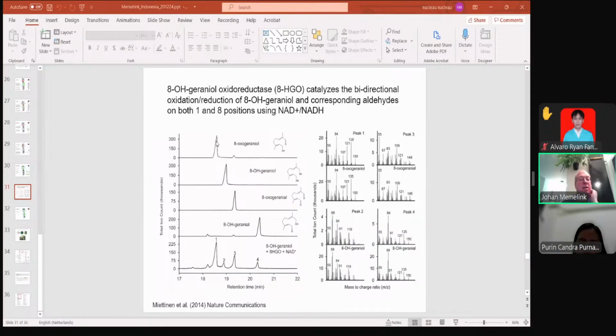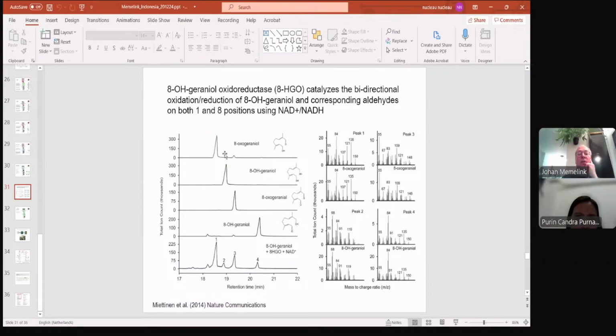Yeah, so this HPLC run, the bottom one was just done with a purified, so a completely pure, more or less, protein, which was incubated with the substrate.